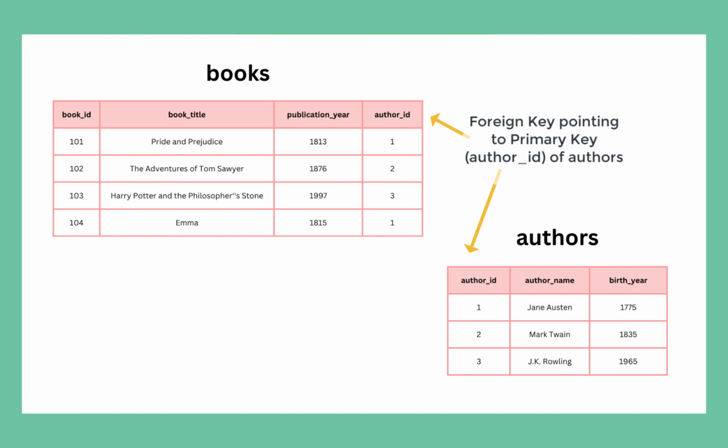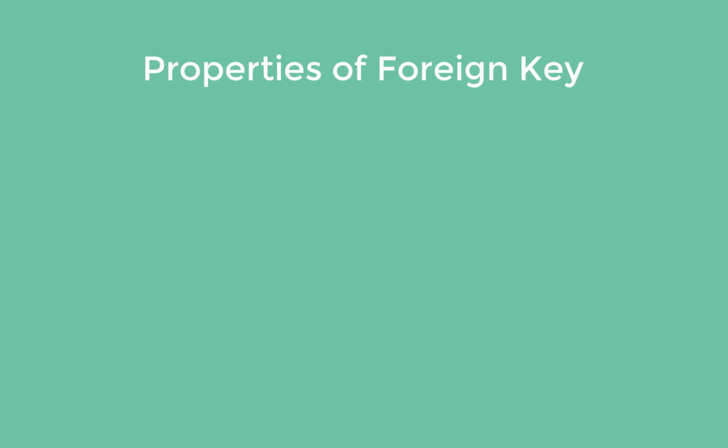It establishes a relationship between two tables and allows data in one table to be linked to data in another table. The table containing the foreign key, which is books here, is known as a referencing table, while the table with the primary key that the foreign key refers to, which is authors here, is called the referenced table.